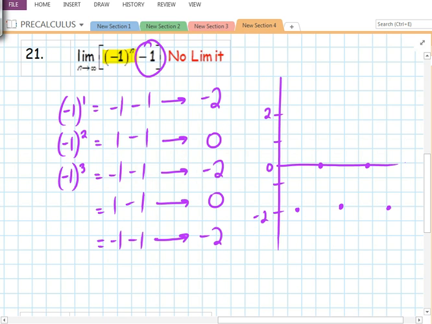The values do not converge towards a particular value. It just oscillates back and forth. That's why the limit does not exist, because it doesn't approach some particular number as n approaches infinity. No matter how far you get out here to the right, you're not going to get a particular output. It's going to continue to give you two different values, negative 2 and 0.